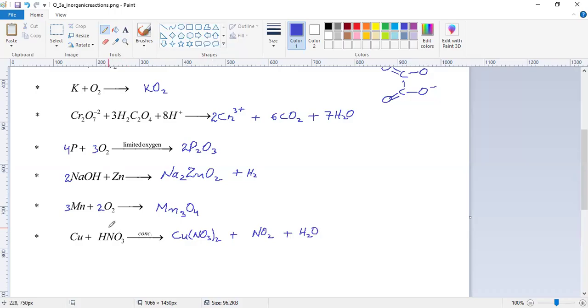If you see here, nitrogen is +5, and here nitrogen is +4. So from +5 to +4, it gains 1 electron. Nitrogen is gaining 1 electron, and copper is converting from zero oxidation state to 2 plus. So it is donating 2 moles of electrons.